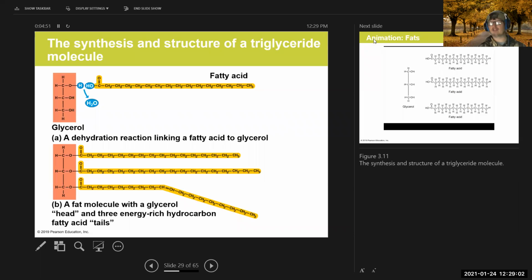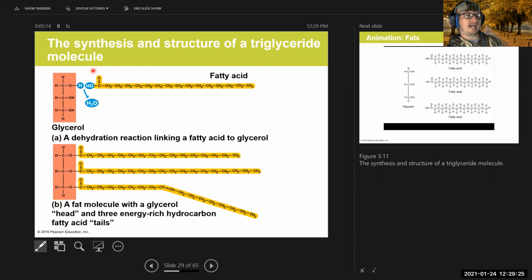And so here we have a figure of a triglycerol or a triglyceride, and the complete triglyceride is this bottom figure here. And this triglyceride is made up of a glycerol head, which is this salmon color, and 3 fatty acid tails.